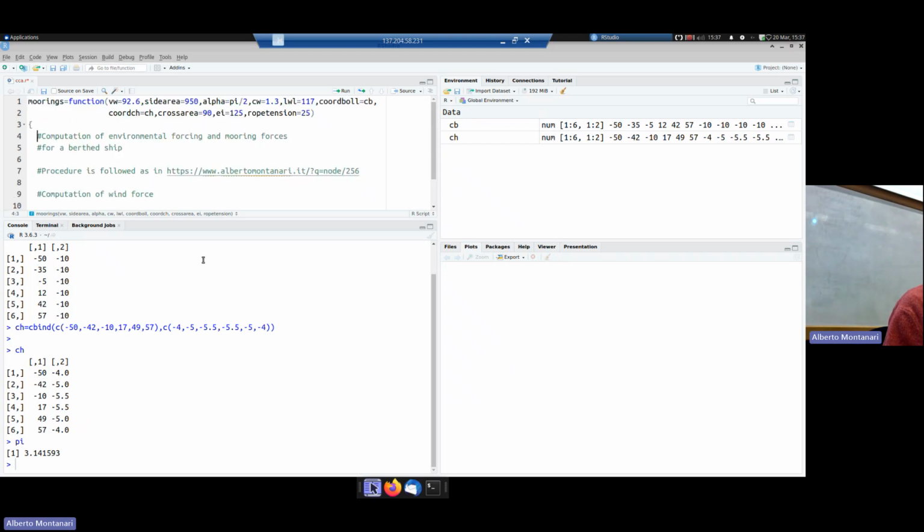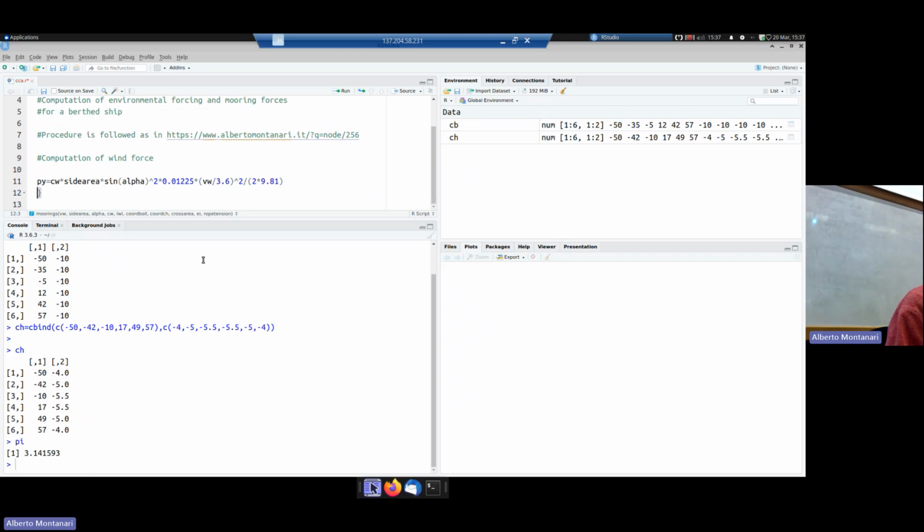I mean, here I can stop now. If I only want to get the wind force, it's already computed. It's there on the screen, and I can stop here. But if I want to stop here, I have to tell the function to return back to me the value of the computed wind force.